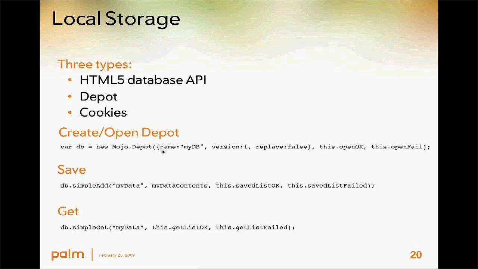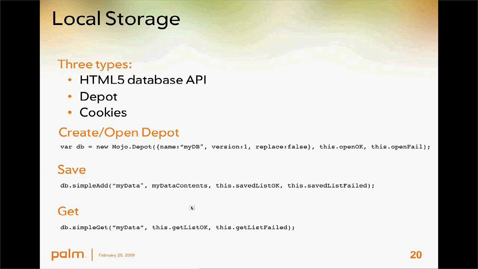Depot does some fairly simple functions to create or open a database. This really just creates a database that's going to store a single object. You can then have save and get functions that simply save an object to this database or retrieve an object from the database. So it's a fairly simple wrapper, but it does simplify things for people who are not interested in getting their hands dirty in the database APIs.